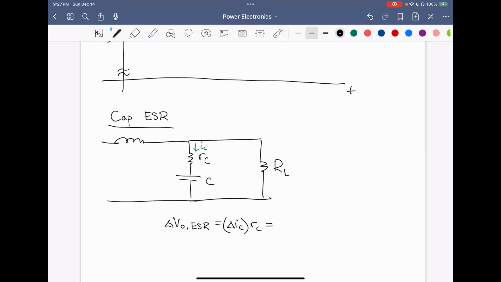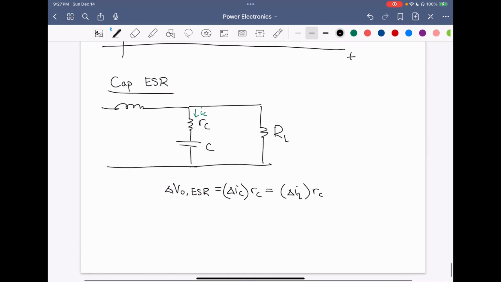And delta IC is equivalent to the inductor current ripple. So this is an expression we have for the additional output voltage ripple component due to the ESR.